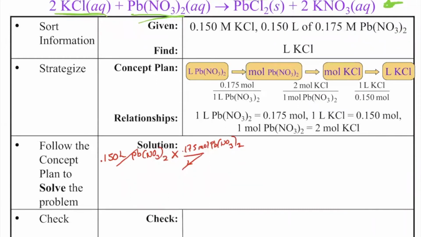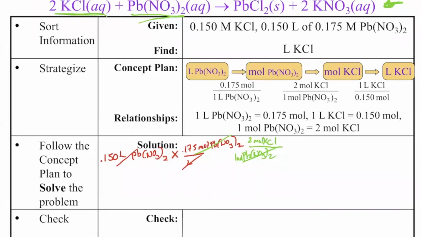So that relationship is 1 to 2. At the bottom, you're going to have 1 mole of lead nitrate, because you want to get rid of that, and 2 moles of KCl. Notice that now it cancels. Now, what other information do I have? Well, I have the molarity of KCl, so you want to use it.